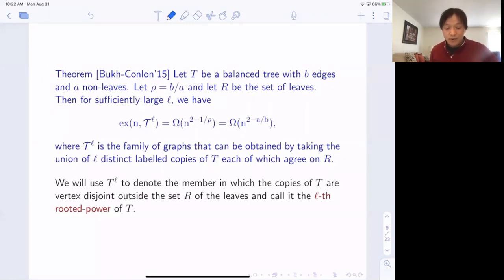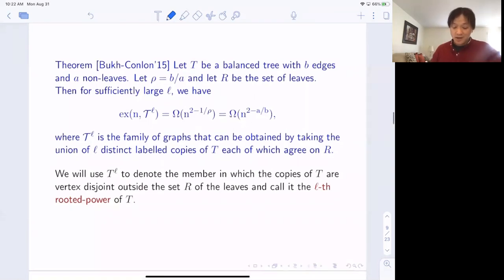Then, for sufficiently large L, they can show that the extremal number for this family script T raised to L is lower bounded by n to the 2 minus 1 over rho, which is n to the 2 minus A over B. Okay, so let me explain what this family T to the L is.